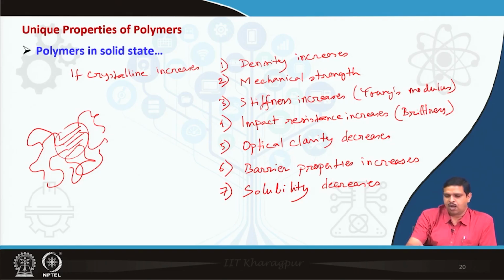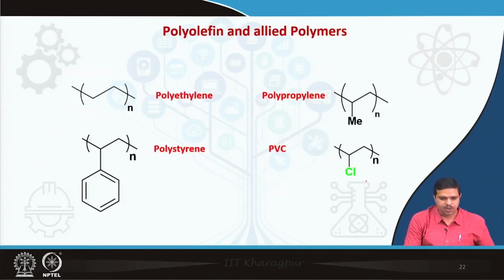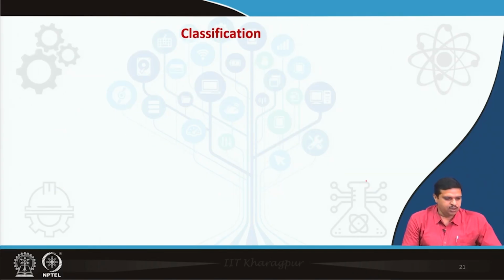All the properties depend on the chemical structure of the polymer, what functional group is there, what is the nature of the polymer, how much crystallinity is there, what is the Tg of the polymer.